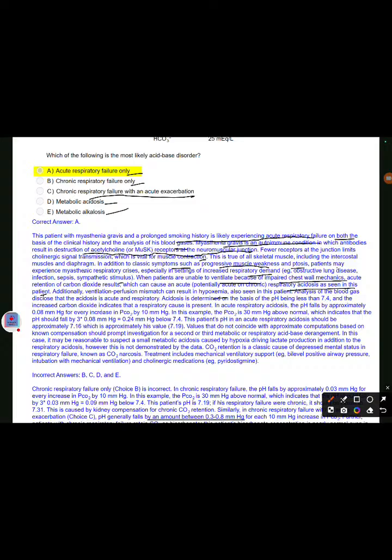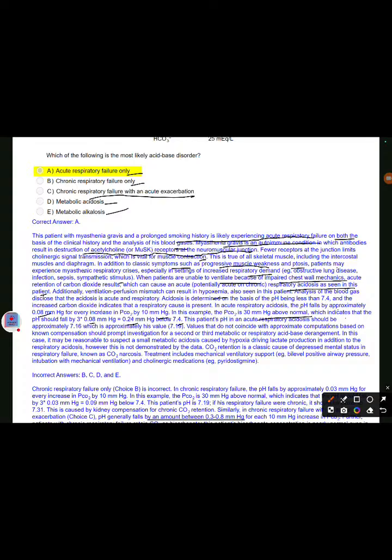In acute respiratory acidosis, pH falls approximately 0.08 for every increase in PCO2 by 10 mmHg. For example, if PCO2 is 30 mmHg above normal, the pH should fall by 3 times 0.08, that is 0.24, below 7.4.